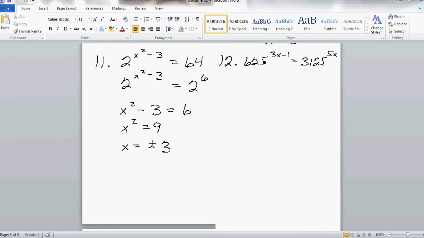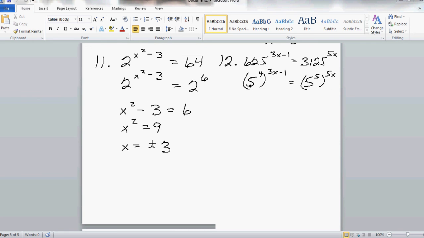Hopefully it's not too difficult to realize that 625 is actually 5 to the 4th power. So we can change 625 to 5 to the 4th power, but that was already being taken to the 3x minus 1 power. Likewise, 3,125 is 5 to the 5th power, but it was already being taken to the 5x power.